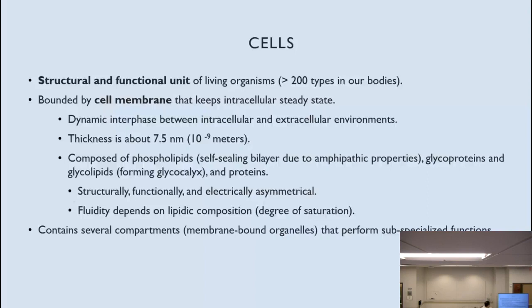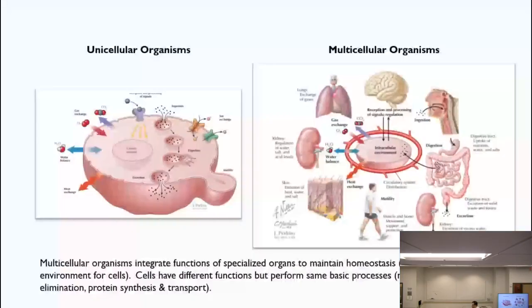And then we have different organelles that perform different functions, that I'm sure you have studied in the past. We have here an example of a cell in a unicellular organism, and the organ systems in our body, simply for you to see the matching of the functions.